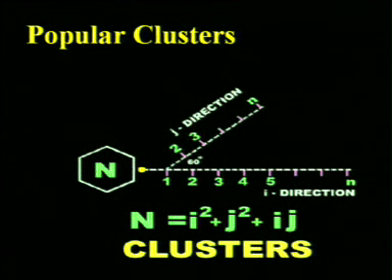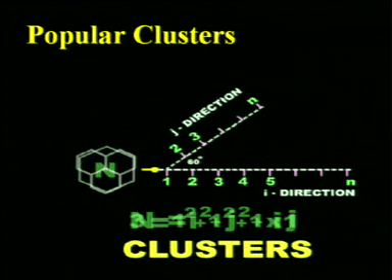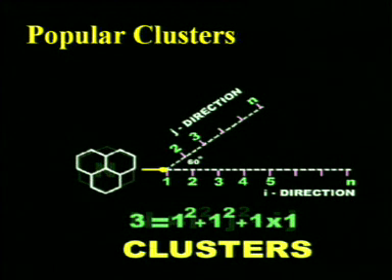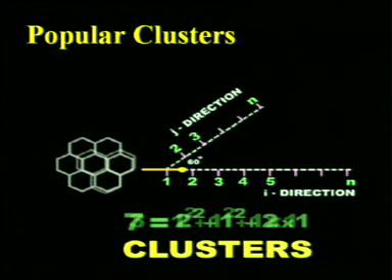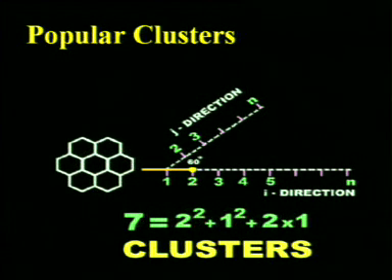So, accordingly the values of i and j will be adjusted here to get the cluster of 3 or the cluster of 7. These are the popular clusters. If i and j are both 1, then it is 3. If i is equal to 1 and j is equal to 2, it becomes 7. So, we find out the design of the popular clusters.